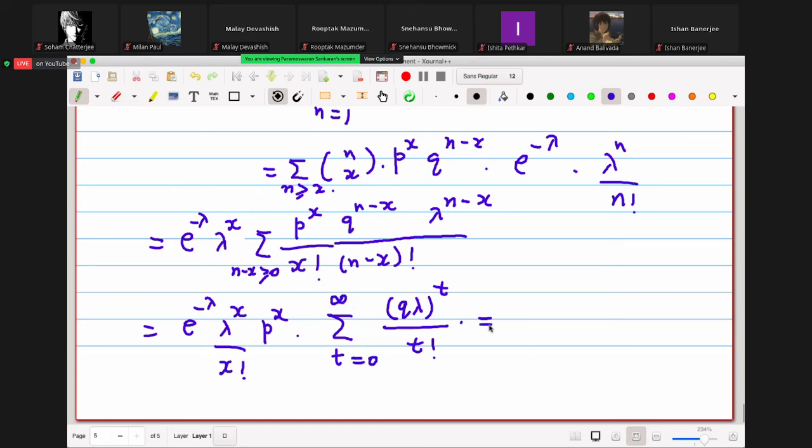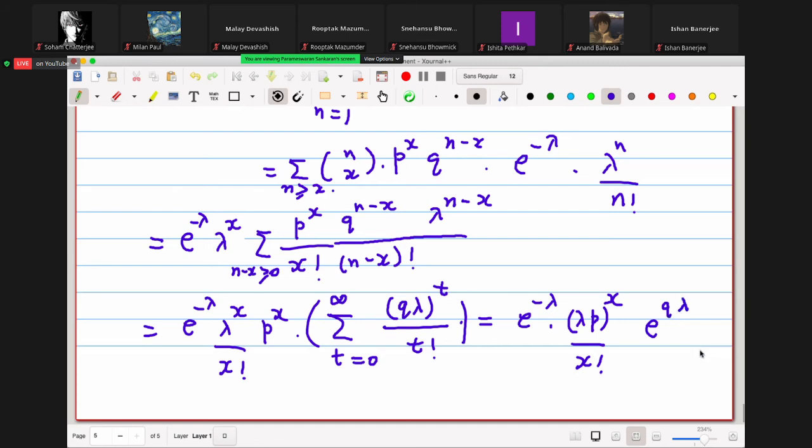But this is exponential series, right? So I can simplify this: e power minus lambda times lambda power x by x factorial, lambda p power x by x factorial. And this whole thing is e power, what is it? q lambda.